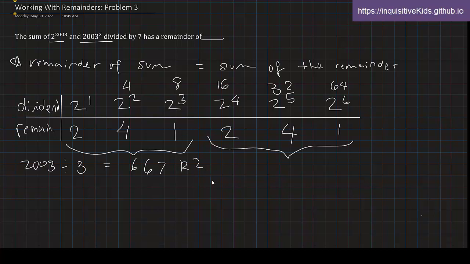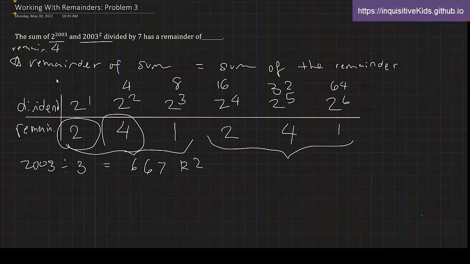This remainder 2 actually isn't our final one. It doesn't mean that the remainder of this would be 2. Now we're looking at the second term in this pattern. Don't get confused by this, there are a lot of remainders here. So the actual one is 4. This is going to be the remainder.